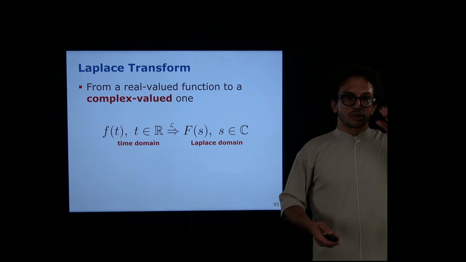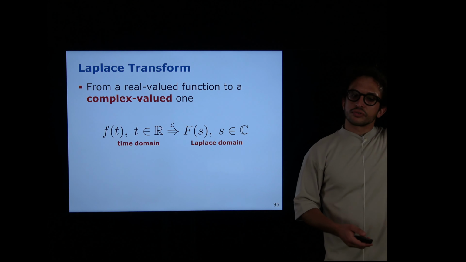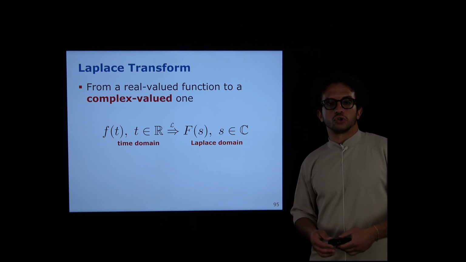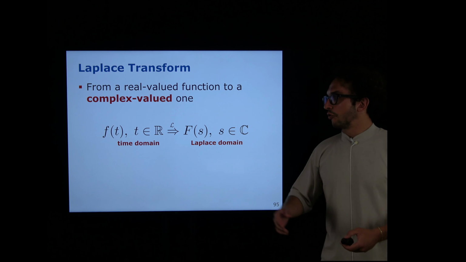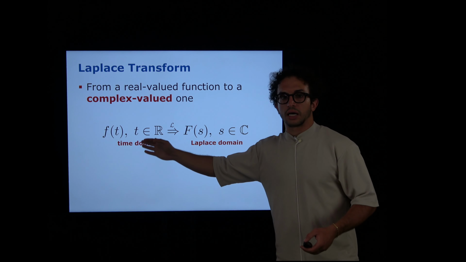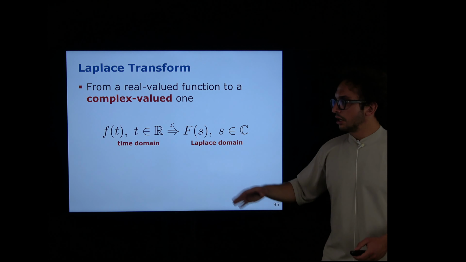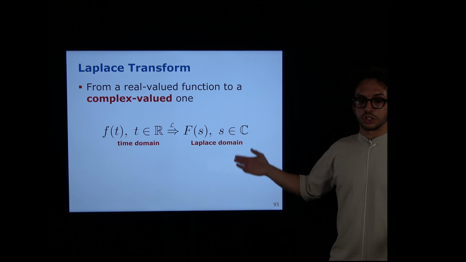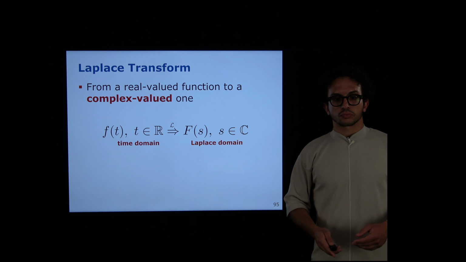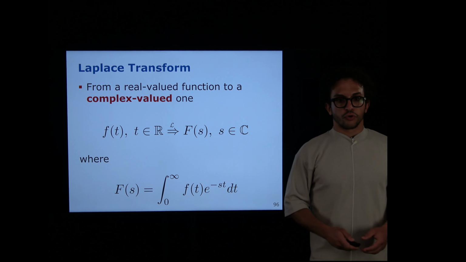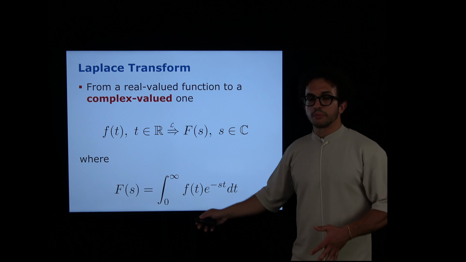So the tool that we use is called the Laplace transform. The Laplace transform is a tool that transforms a real valued function to a complex valued one. So from the time domain, which is a real domain because time is expressed in the real domain, we pass to the Laplace domain, which is complex. This is the definition of the Laplace transform, which is not very important at the moment.